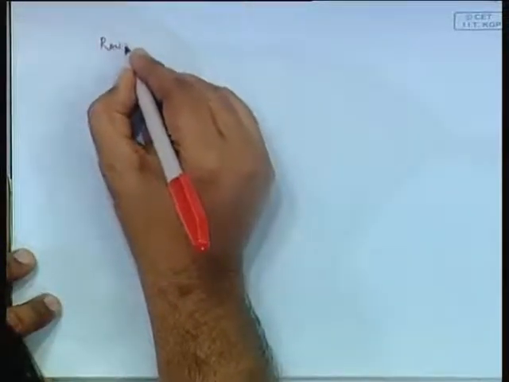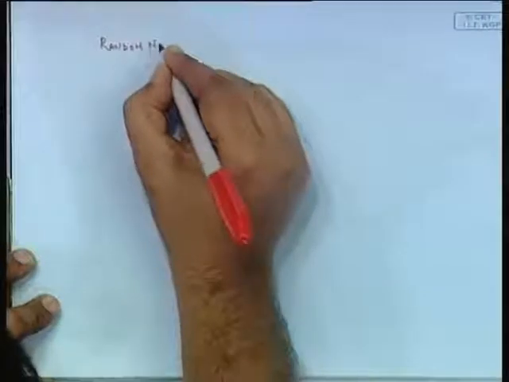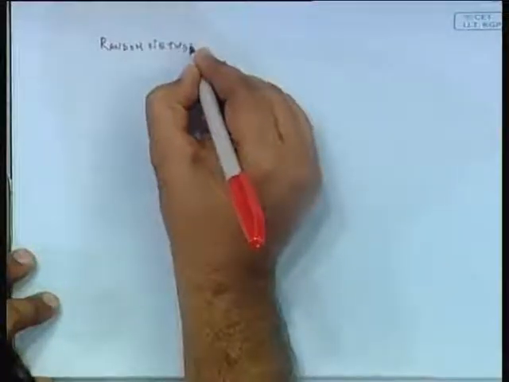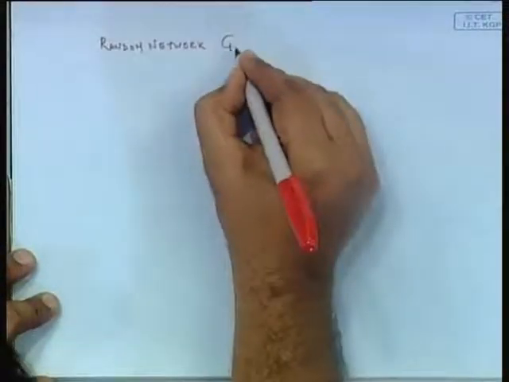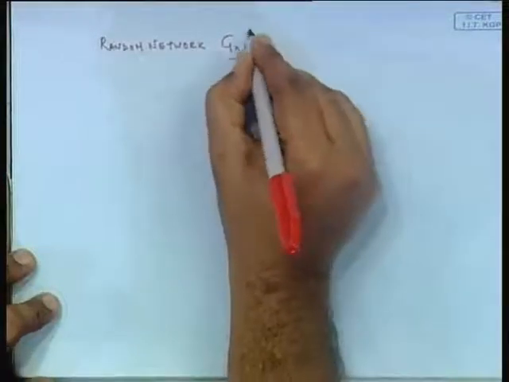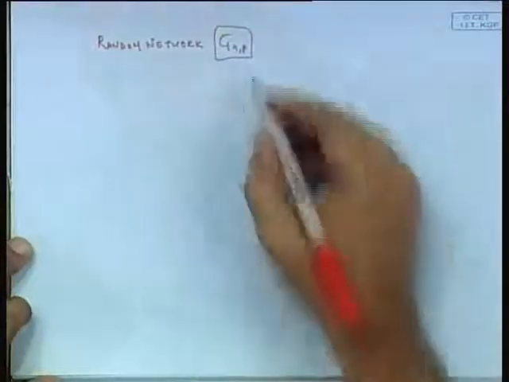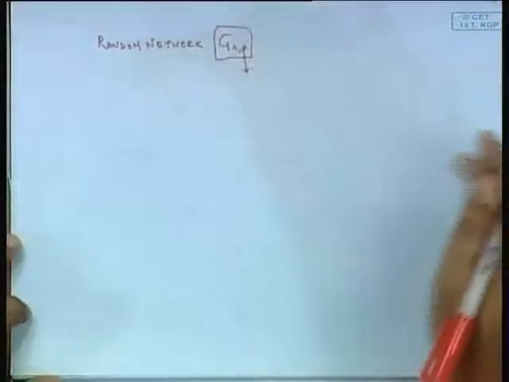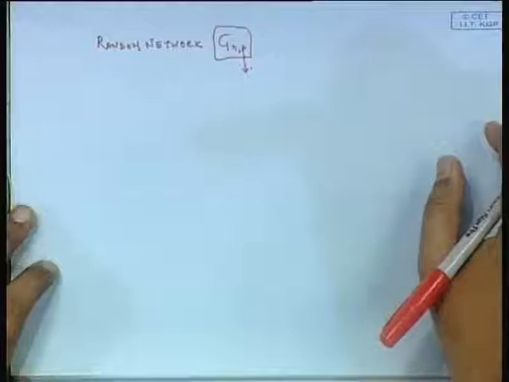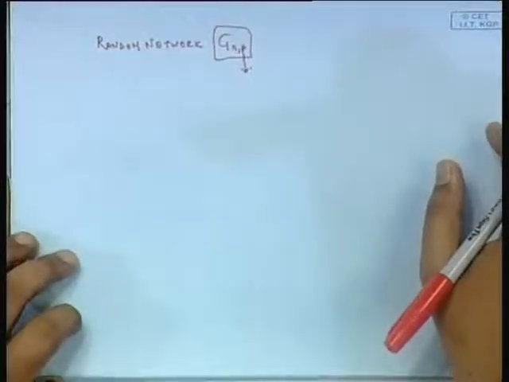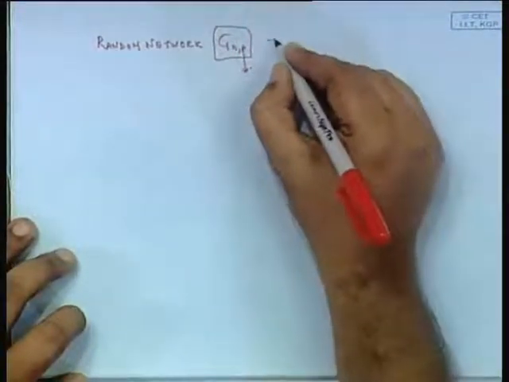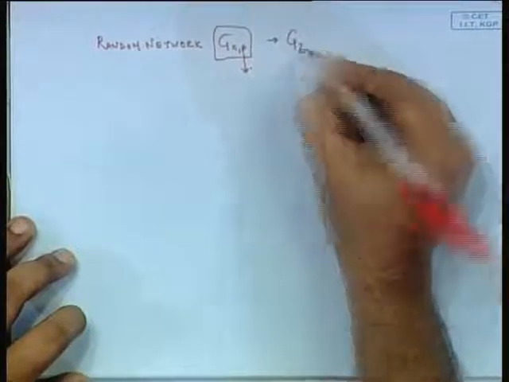So now we go to a more interesting point, that when we are saying random network like G(n, p), or we say G(z), something like this.